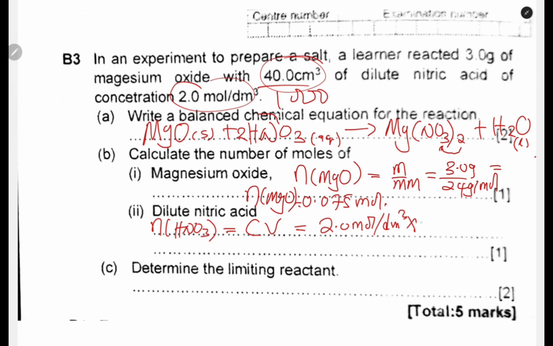What are we going to have? 0.04 decimeter cubed. Decimeter cubed cancels. So 2.0 multiplied by 0.04 should give us 0.08 mole. Okay, that is the number of moles of nitric acid.